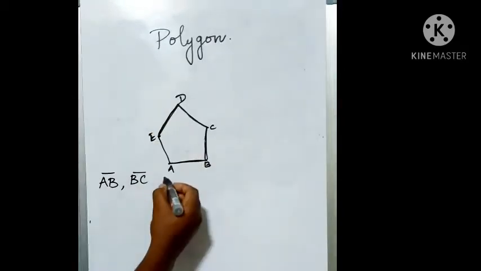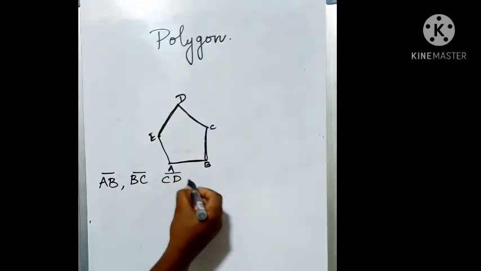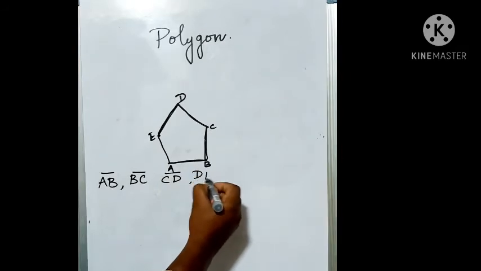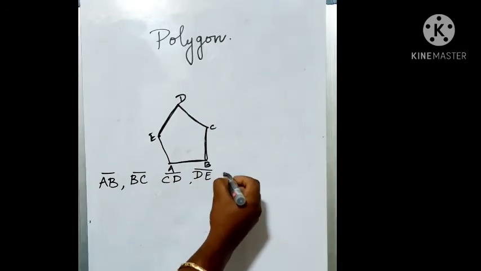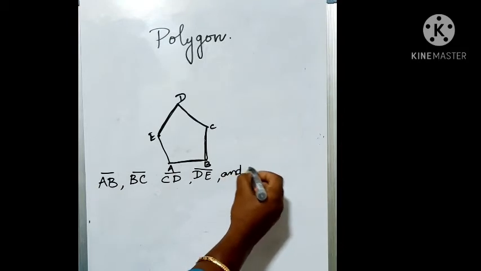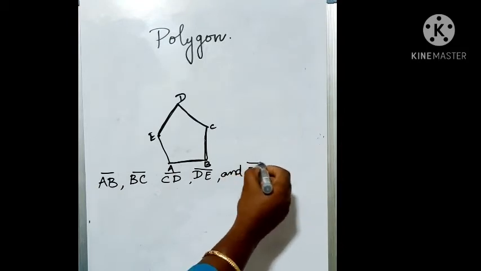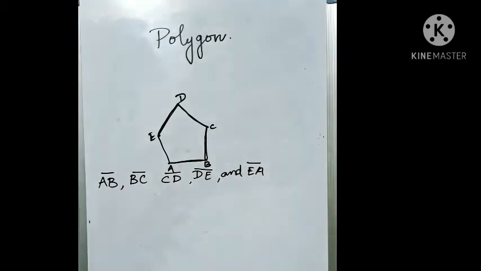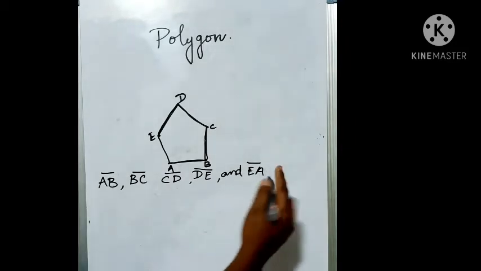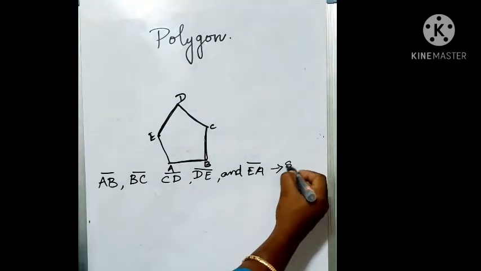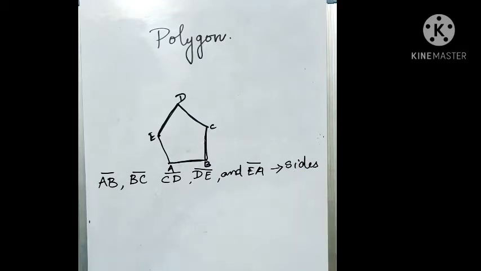Next CD, very good. Next DE and EA. These line segments are called the sides of this figure. Are called what? Sides. Is it clear?